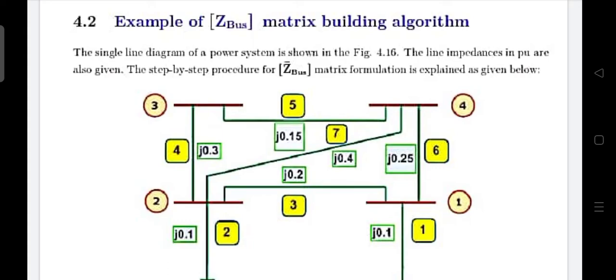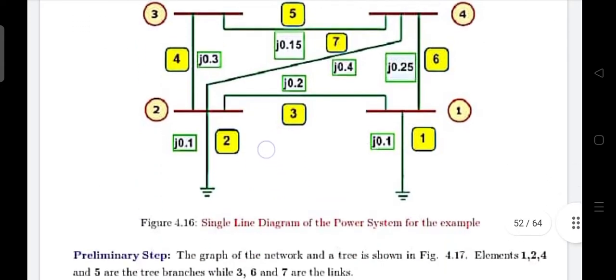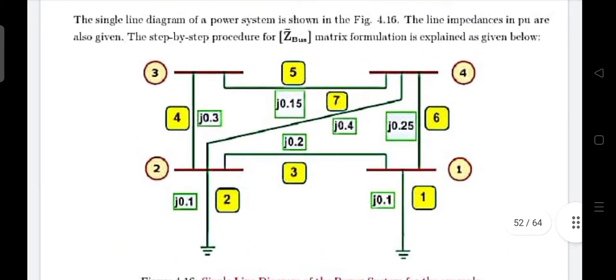So what will be the order of our Z bus? It will be at most 4 cross 4. The line impedances we are adding are 7, so the impedance matrix we build here will be complete in 7 steps.